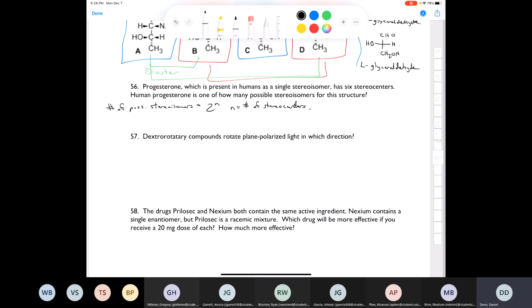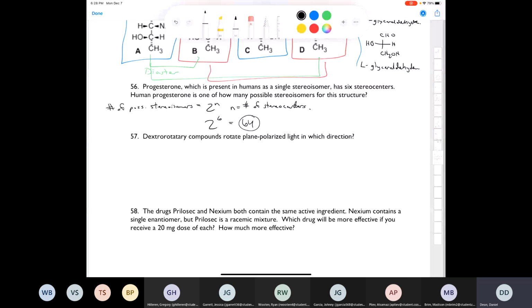Now, you don't need a calculator for the exam, but it would be 2 to the power of 6. So 2 times 2 is 4, times 2 is 8, times 2 is 16, times 2 is 32, times 2 is 64. There we go. So it would be 64 stereoisomers.